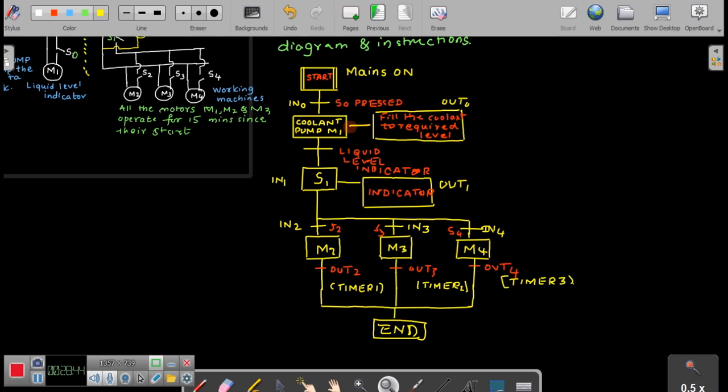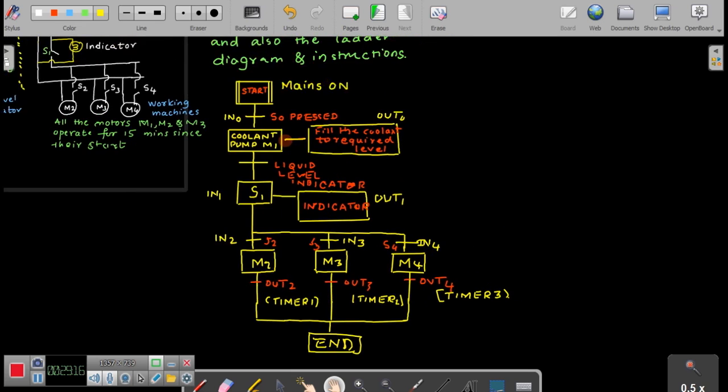Then the liquid level indicator will push your switch S1 on, which is your IN1. So the output is the indicator. The moment the indicator glows, depending upon whether S2 or S3 or S4 is turned on, your corresponding motors M2, M3 and M4 will be turned on for the specific duration, which is taken care of by timer 1, 2, 3, or maybe a single timer depending upon the requirement, and you will get an end statement there.